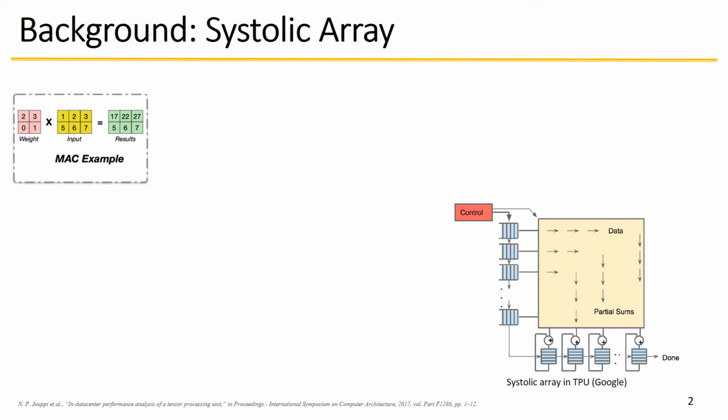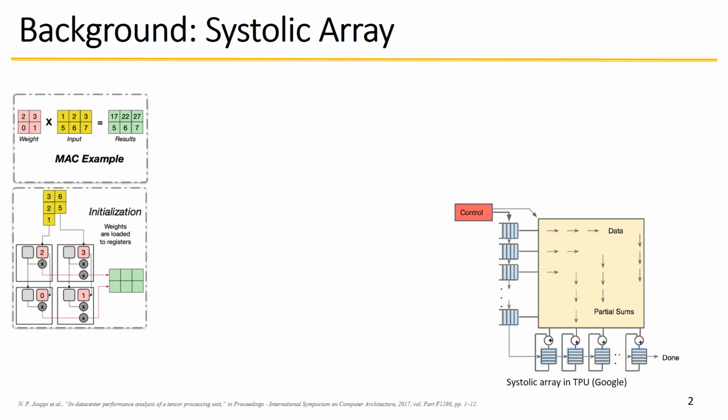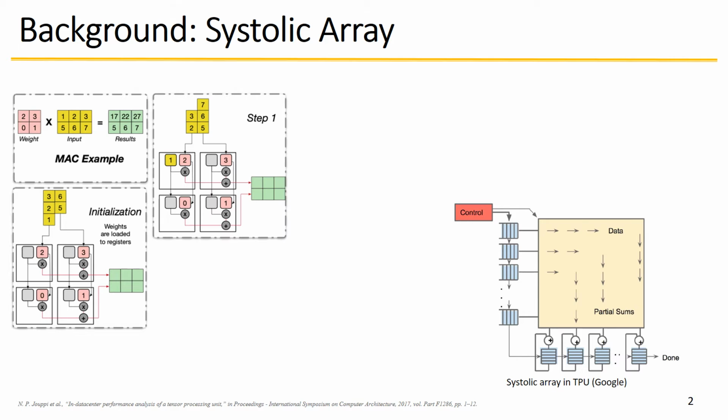Here's an example to show the process of matrix multiplication with the weight stationary systolic array. At the beginning, weights are preloaded into processing elements, and then the inputs are streamed into processing elements in a particular order. In step 1, input 1 is pushed into the array and multiplied with weight 2.